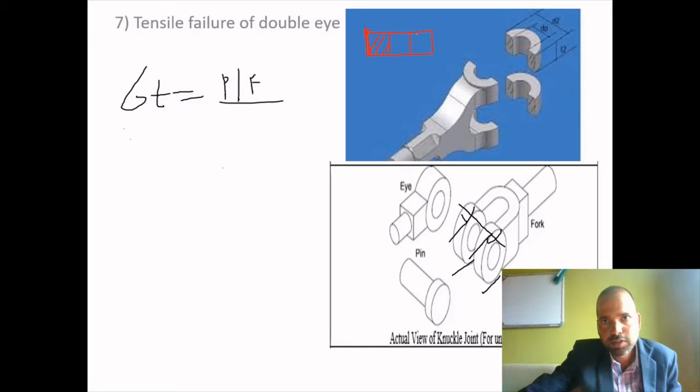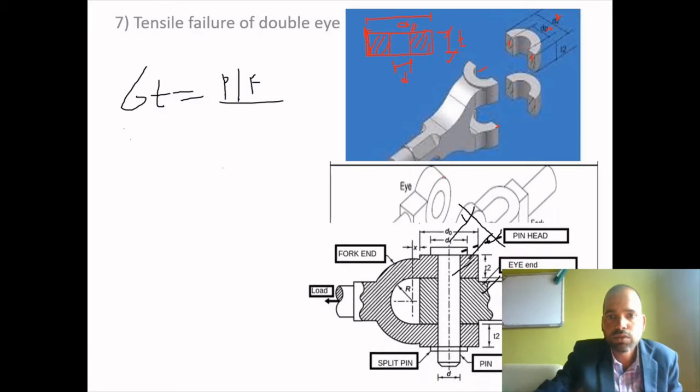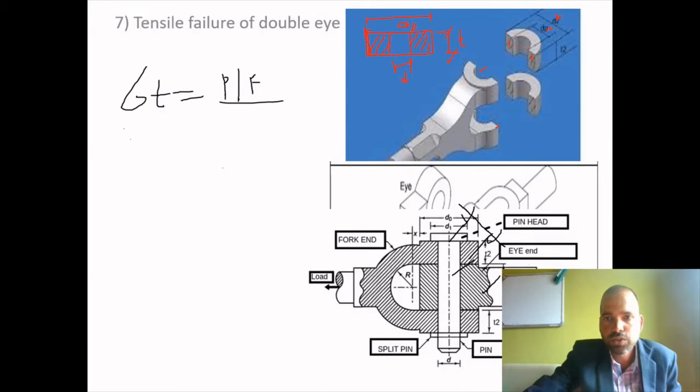This portion will be subjected to tensile failure, right? Since there is one double eye, there will be two areas. We will calculate one area only. This is d0, this is d, as shown here, and this is the thickness. In this case, the thickness is t2.